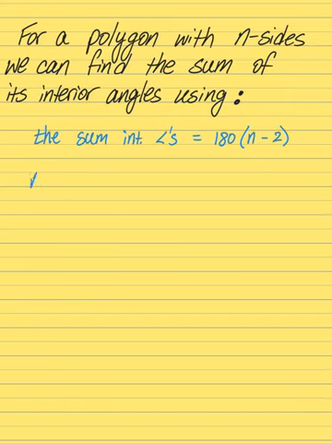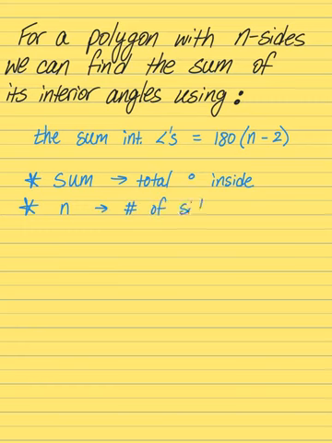And again, remember that this word sum means the total degrees on the inside. So this is all of the inside angles added up together. And also remember that this letter n represents the number of sides in a polygon.